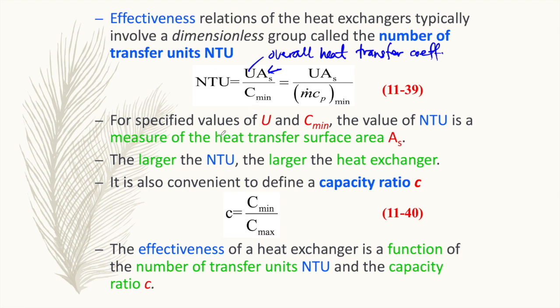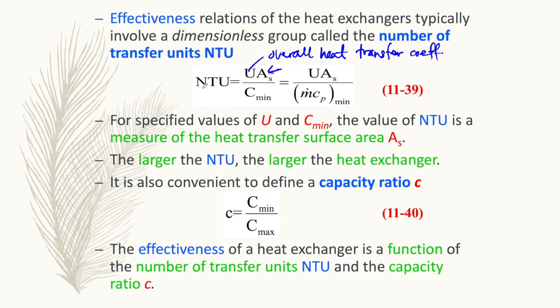For specified values of U and C minimum, the value of NTU is a measure of the heat transfer surface area A_s. The larger the NTU, the larger the heat exchanger.